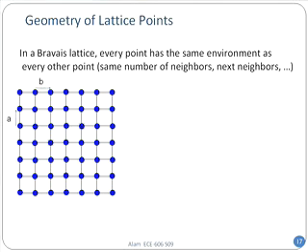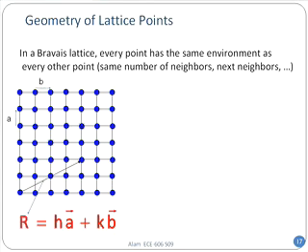The other definition is that you should be able to go from any atom, any point, to any other point by multiplying the unit vectors, which are a and b, the two sides, with factors h and k, which are integers. So for example, for the vector that I show, what is the value of h?